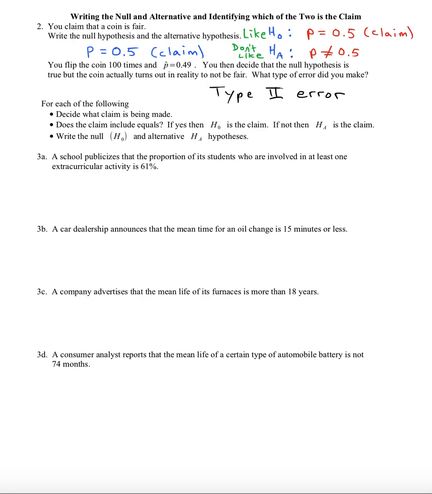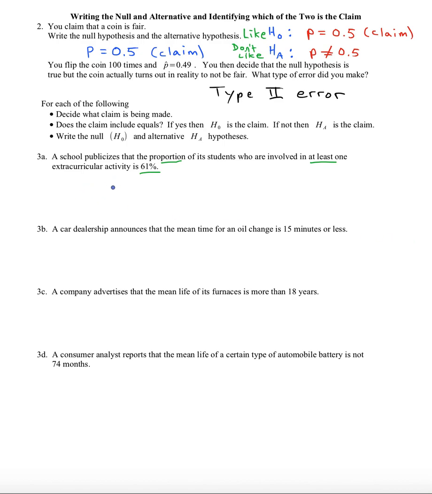A school publicizes that the proportion of its students who are involved in at least one extracurricular activity is 61%. Critical words being used here are proportion and at least and are 61%. Let's translate that directly to mathematical language.